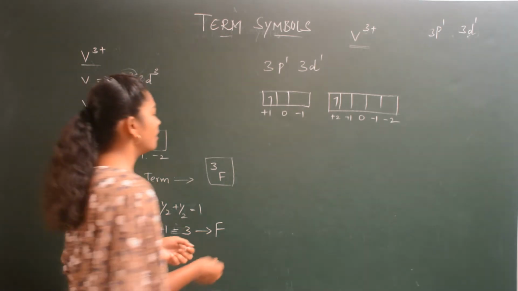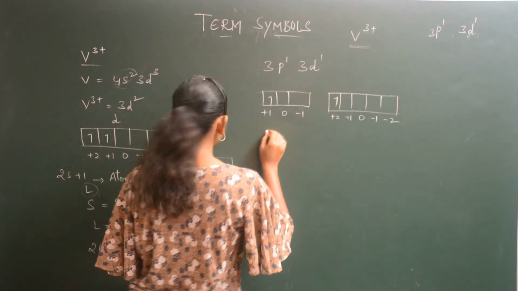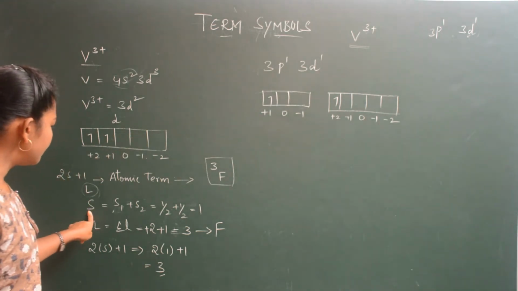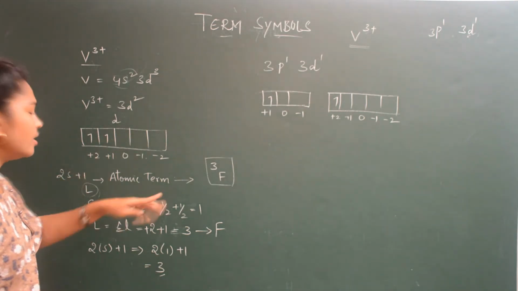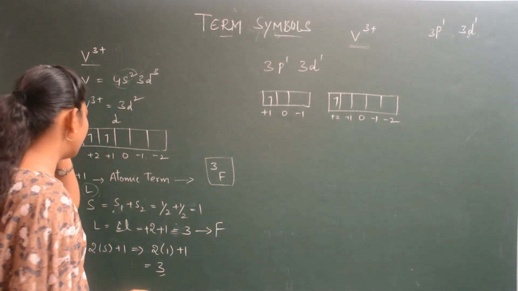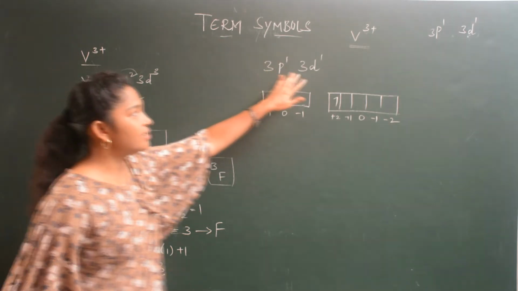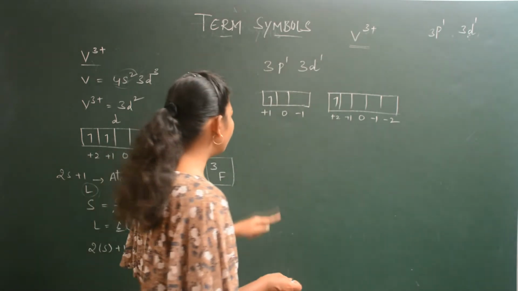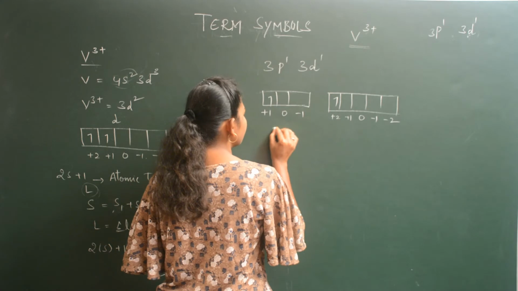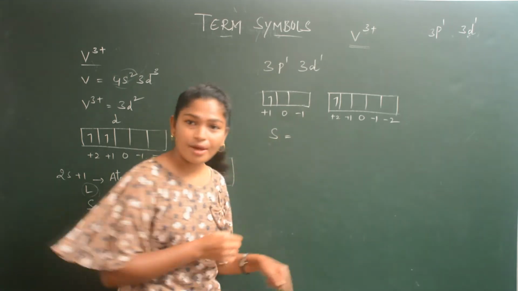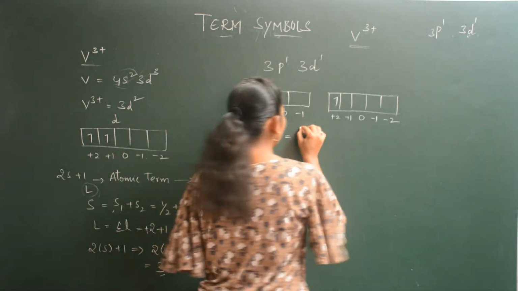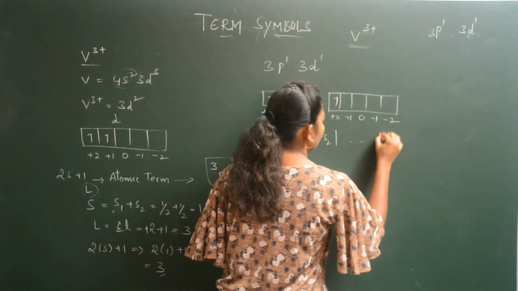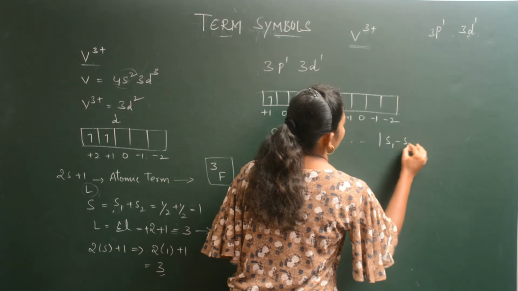Now you see, to find out S. In the earlier case you had only 1 orbital, so what you did was S is equal to S1 plus S2, simply, because it was a single orbital. Here you have different orbitals, P orbitals and D orbitals also. So how do you find out S now? For different orbitals, S goes from S1 plus S2 to S1 minus S2.